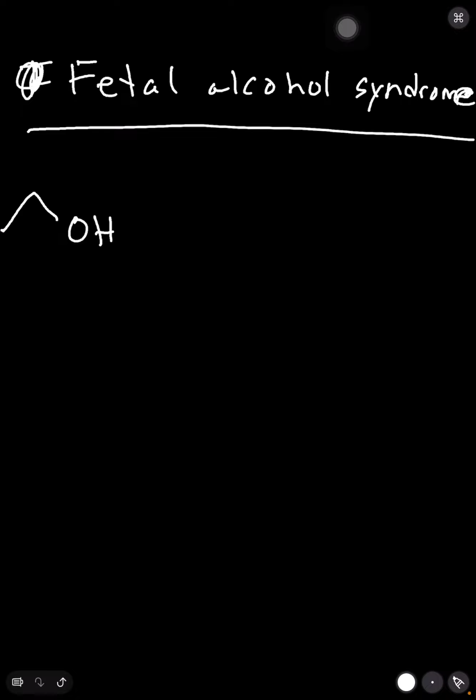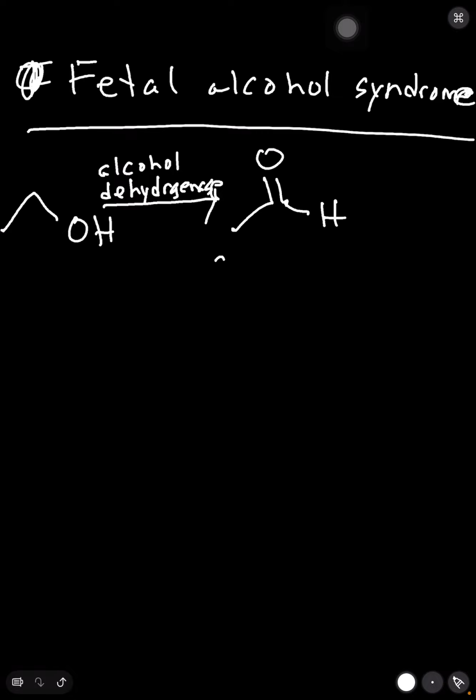Well, the same enzyme that catalyzed the production of ethanol, alcohol dehydrogenase, can also catalyze the reverse reaction. So alcohol dehydrogenase can act on ethanol if we have consumed it and have an abundance. It can convert it back into acetaldehyde.